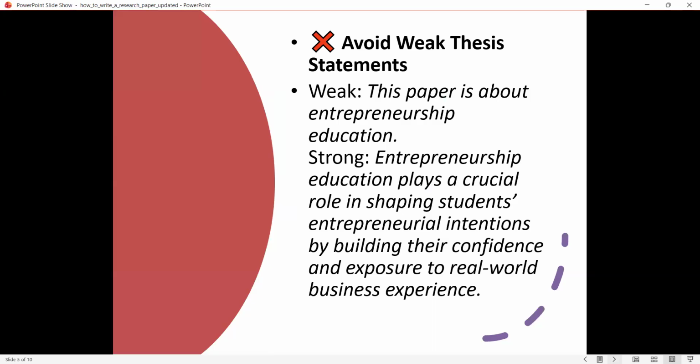This is a very weak thesis statement because it only says entrepreneurship education is the best. Which part of entrepreneurship education are you focusing on? A strong thesis statement would be: entrepreneurship education plays a crucial role in shaping student entrepreneurial intention by building their confidence and exposure to real-world business exercise. This is a strong thesis statement or purpose of your paper.